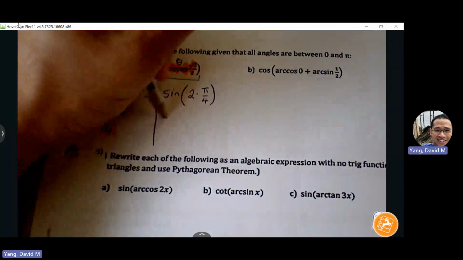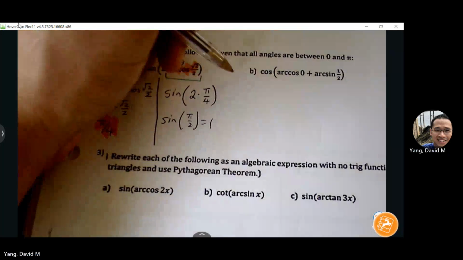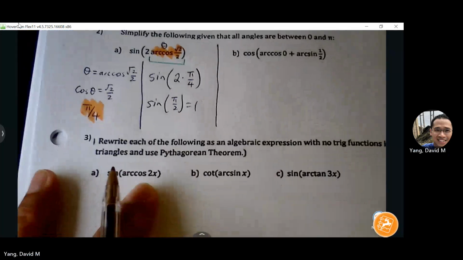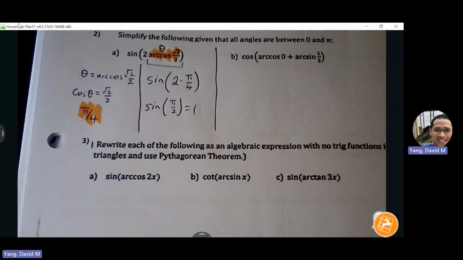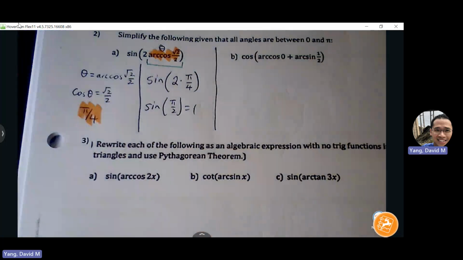Pi over 2. And what's sine of pi over 2? 1. I'll leave B for you guys to do on your own. Again, the keys are all on my website. So if you're stuck on a problem, hopefully I have enough detailed work to help you, as well as the examples that we did together.